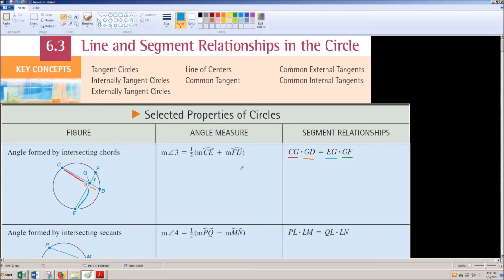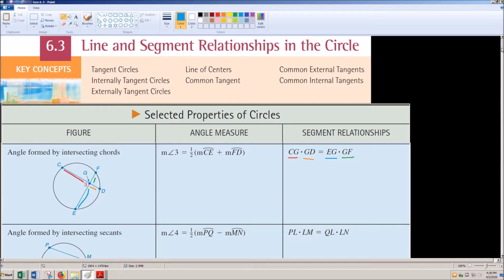If I multiply these segments and set them equal to the other ones, we have an equality relationship. So CG times GD equals EG times GF. It's that easy. If our two chords are intersecting, we have this relationship, and we'll see why that is in a little bit.